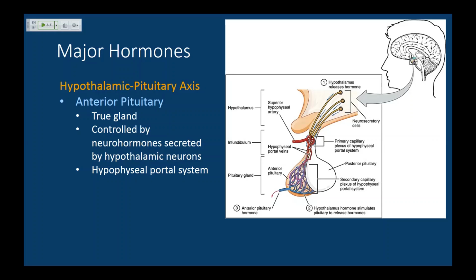In this example, we really only want these hormones to be sensed by the anterior pituitary. So this allows the hypothalamic neurons to secrete small amounts of hormone that are sensed in high concentration by the anterior pituitary, because they're not being diluted by the rest of the blood volume. They're traveling directly to the anterior pituitary so they can have a large effect.